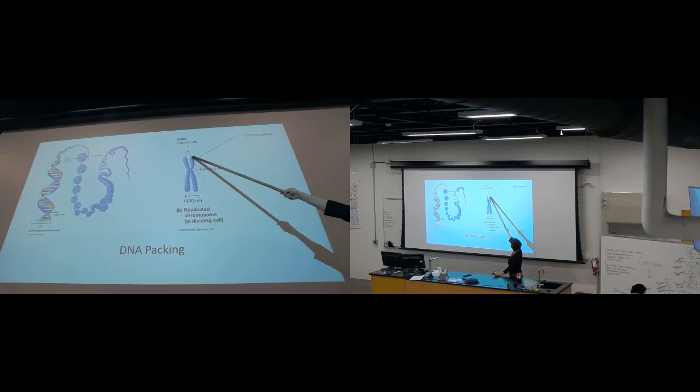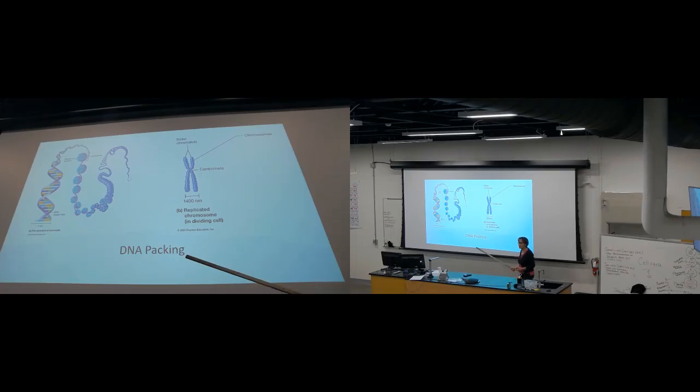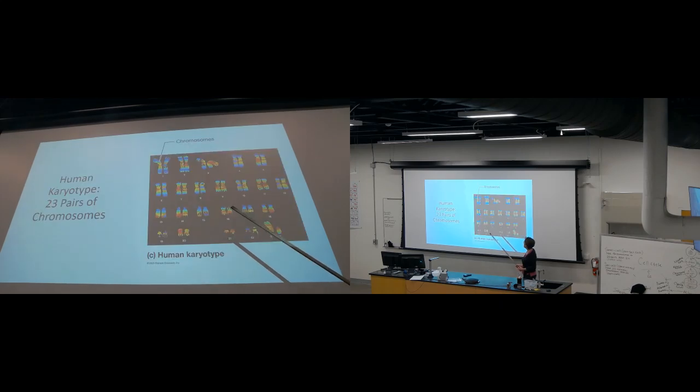These telomeres shorten as we age. We have an enzyme that is called telomerase that is supposed to elongate the tip of the arms, which is the telomere, but it seems like the lack of elongation is related to aging. And then this is how a human chromosome looks like.